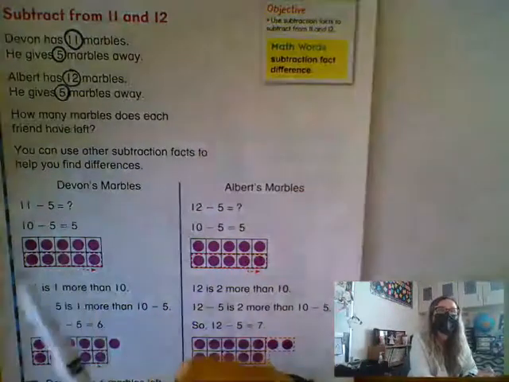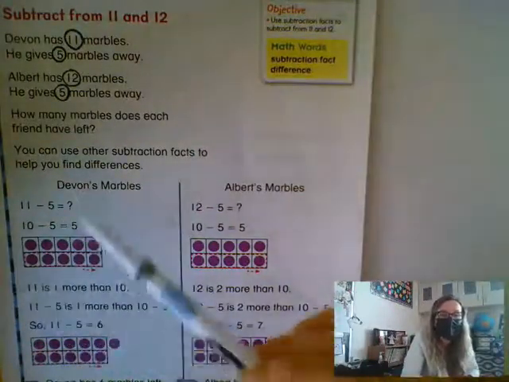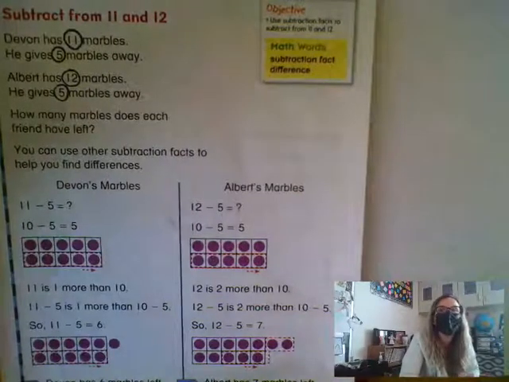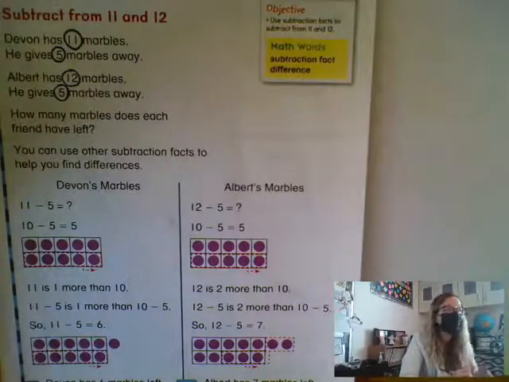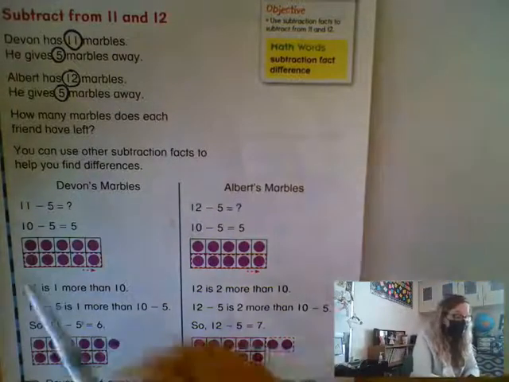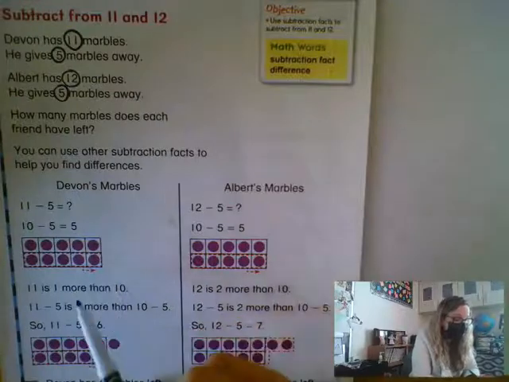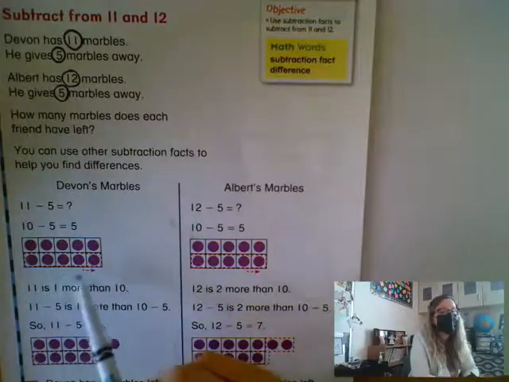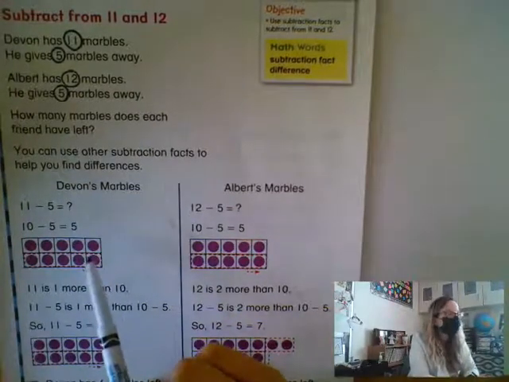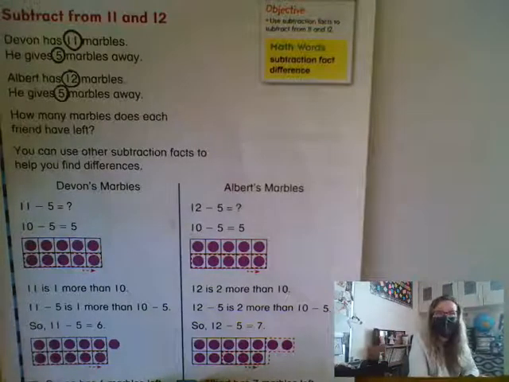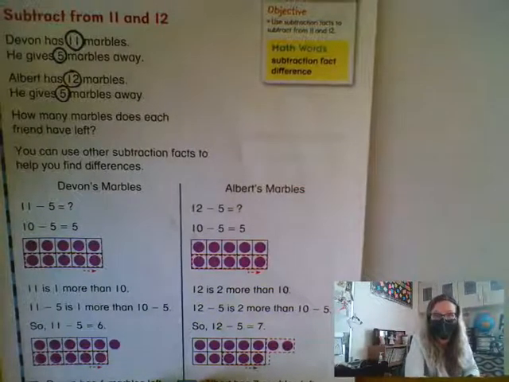Now, to help you do this subtraction, you can think about what you know, okay? I know that if I have 10, 1, 2, 3, 4, 5, 6, 7, 8, 9, 10, and I take away 5 from 10, I know the answer is 5, right? We all know 10 take away 5 is 5.